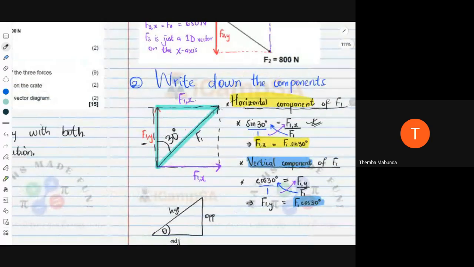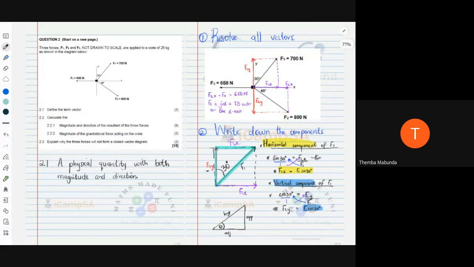So what we have done now is called resolving, where you take a vector and break it down into simpler components. Why do we do this? We do this so that it's easy to add up these vectors, because we can group like terms together and add them, and group the other ones and add them.